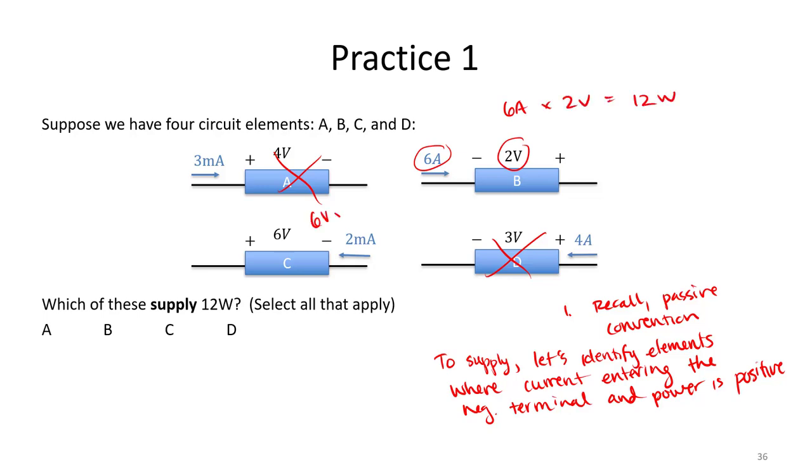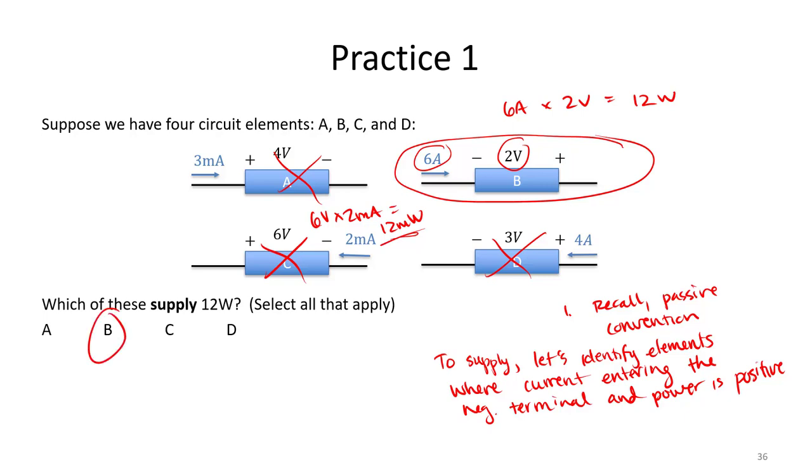Notice here we have 6 volts times 2 milliamps, which gives us 12 milliwatts. So notice choice C, it is supplying, but it's only supplying 12 milliwatts, so the correct answer here is our choice B. Choice B is supplying 12 watts to our circuit.